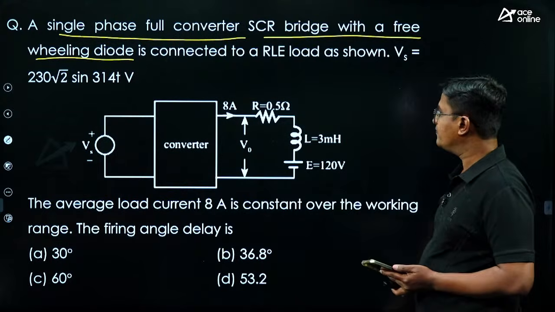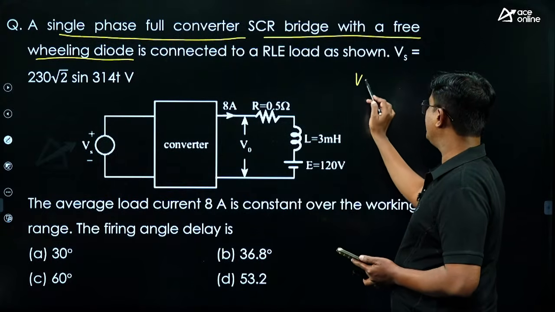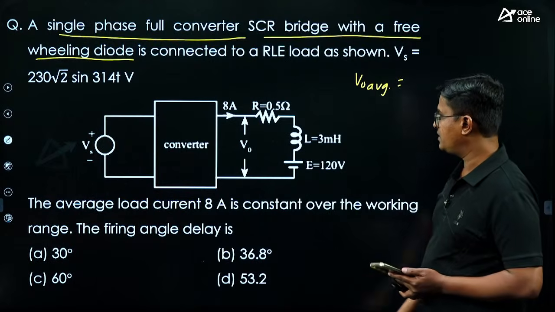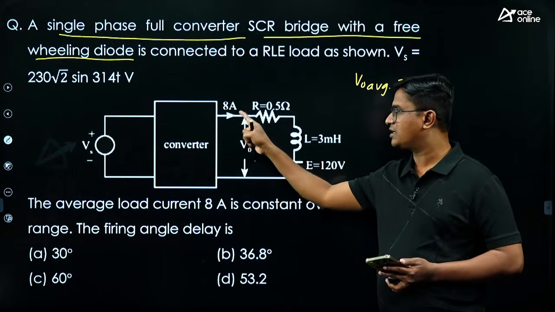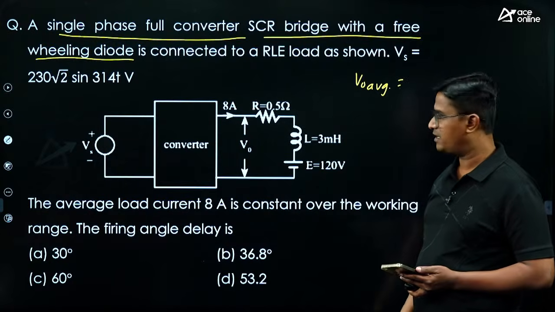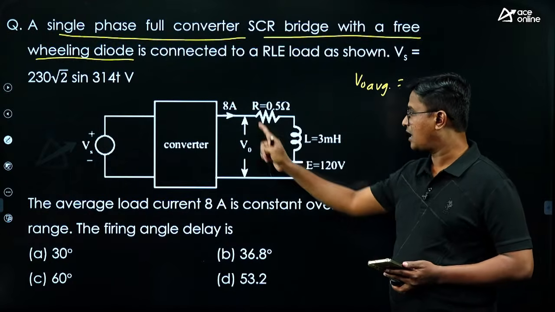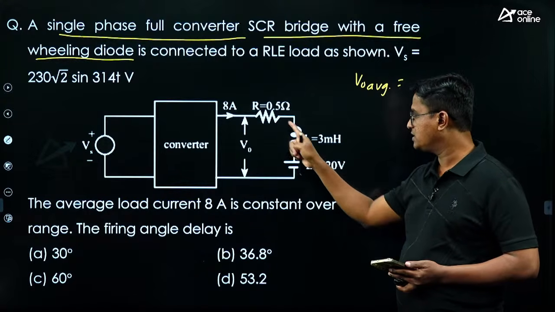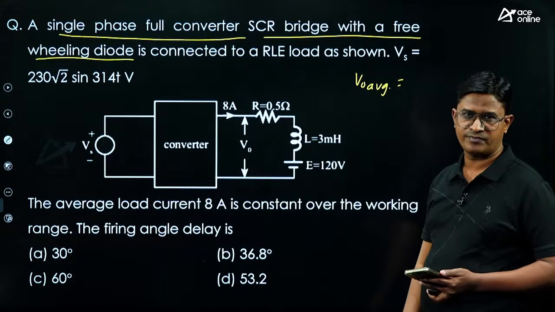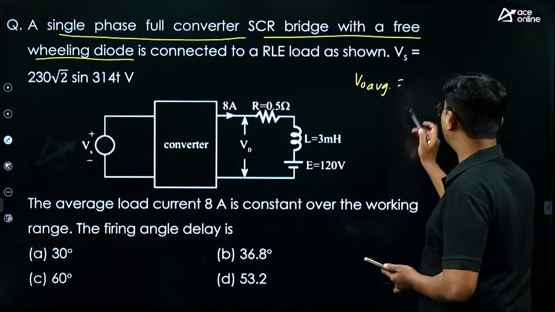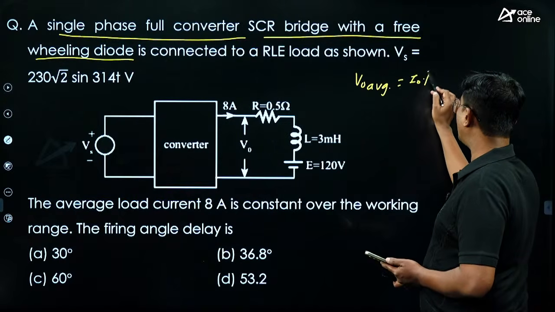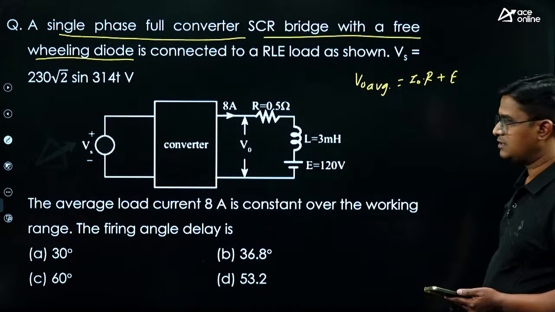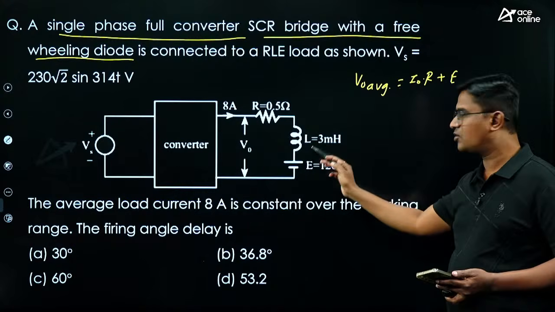And now tell me, first can we write V0 average by using this I0, they are saying constant 8 ampere, and resistor? I want the expression for V0 average in terms of load current, load resistor and EMF. Yes, can I write V0 average equal to I0 into R plus E, right? Because average voltage across inductor is 0.